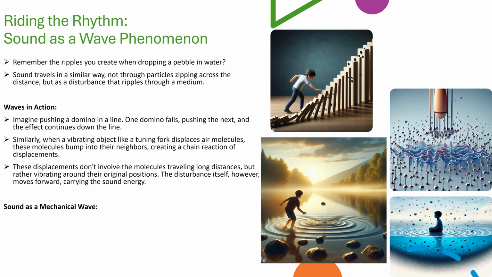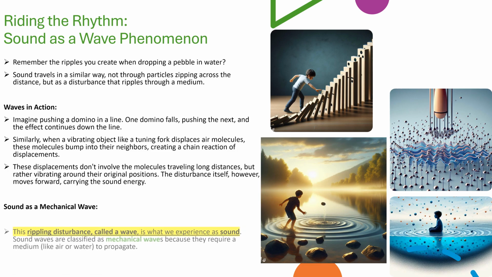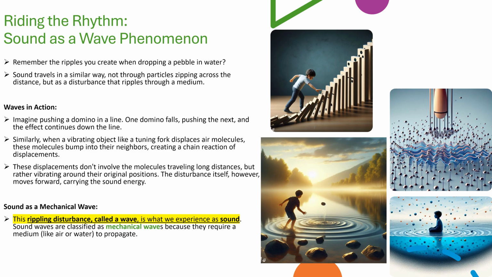Okay, so it's very clear now. The molecules will not move long distances. Molecules only vibrate around their original positions. The disturbance moves forward carrying the sound energy. This rippling disturbance, called a wave, is what we experience as sound. Sound waves are classified as mechanical waves because they require a medium to propagate.